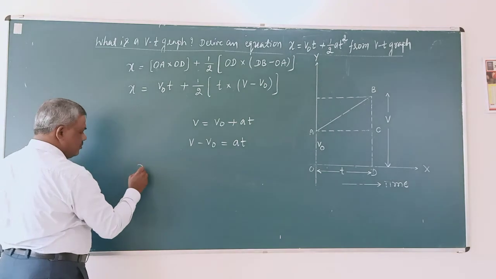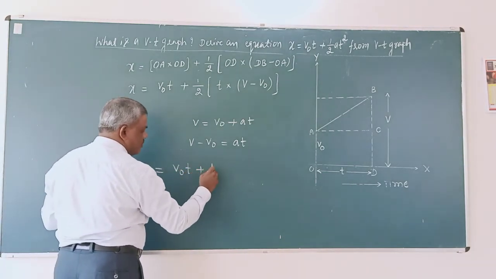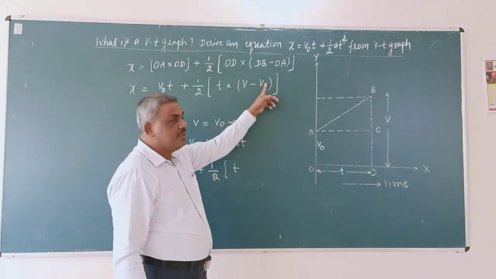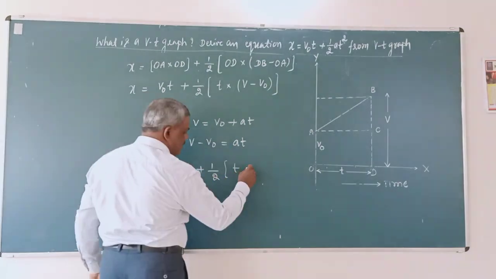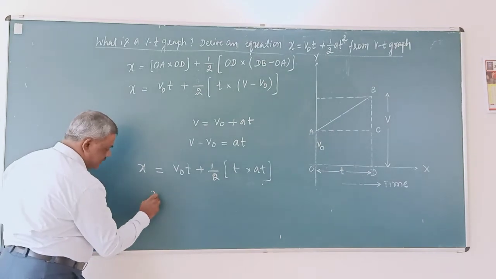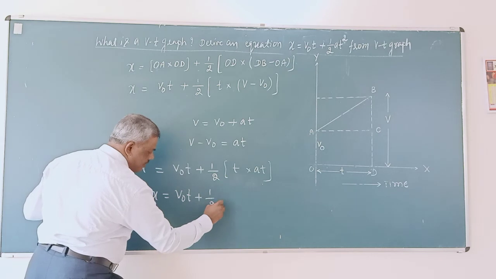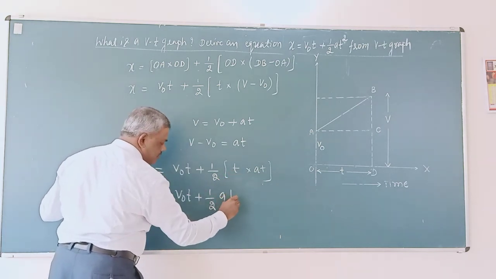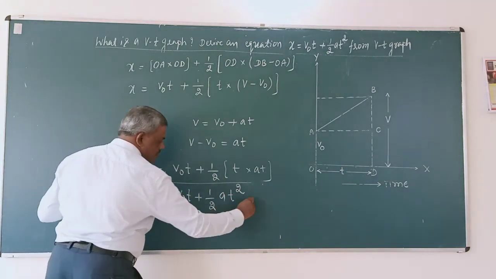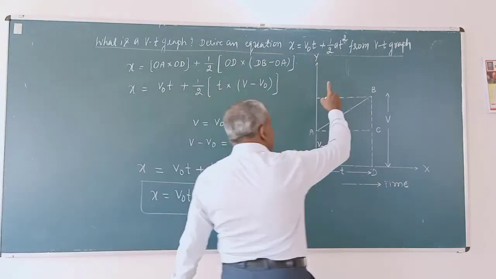So x equals v naught t plus 1 by 2 into t into at. Finally, x equals v naught t plus 1 by 2 a t square. So this is the second equation of motion, x equals v naught t plus half a t square, from the VT graph.